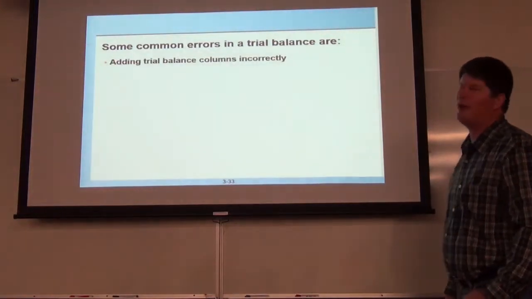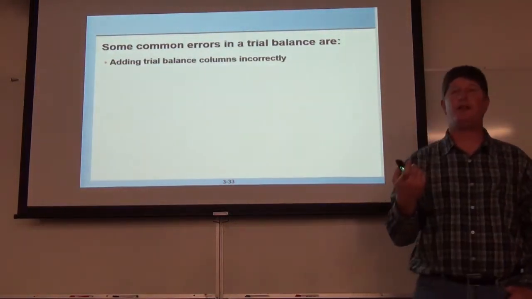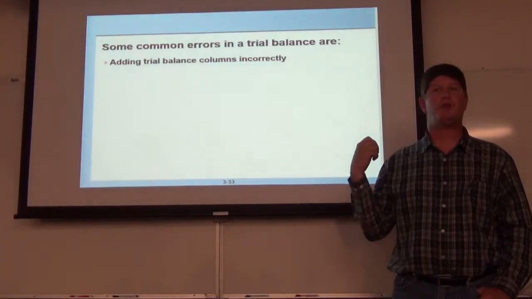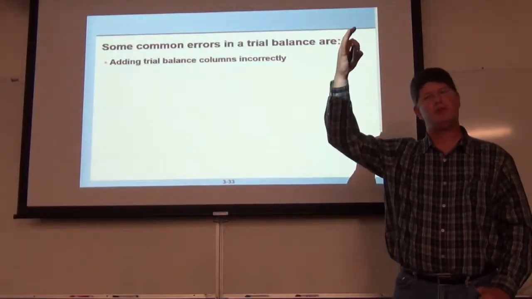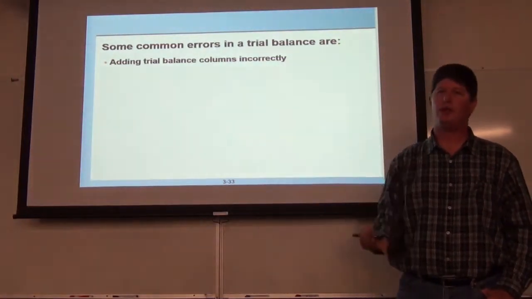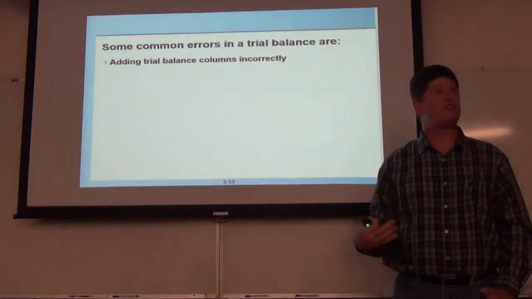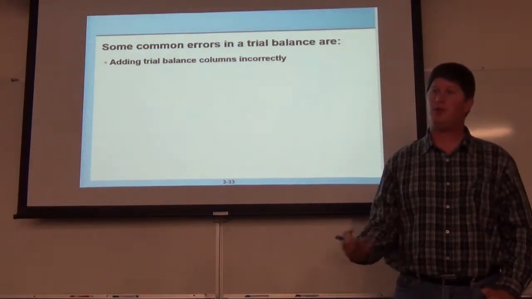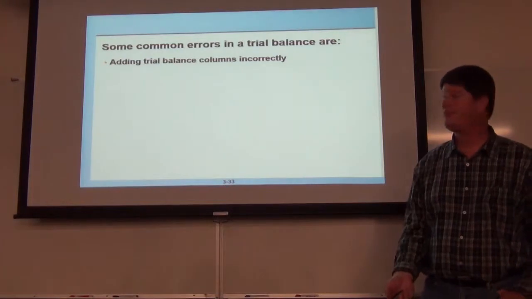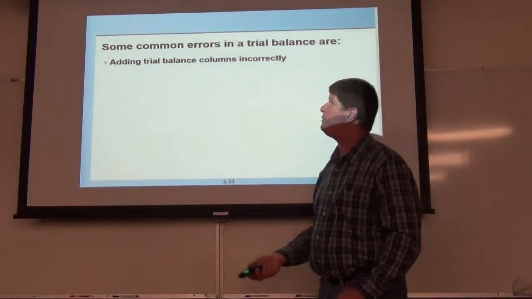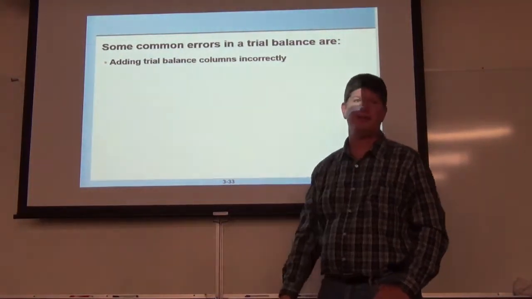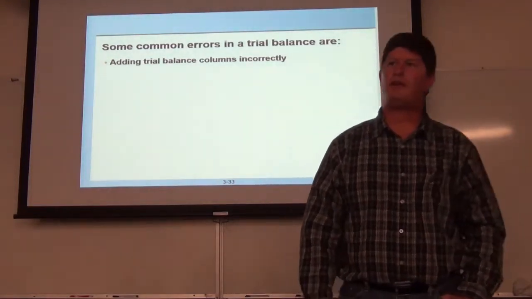Okay, here you go. We've all learned what a trial balance is, correct? That's what we just did on the board. List all of your accounts, put the balance in the debit and credit column, total it up. If it doesn't equal when you total them, you're out of balance, and you've got to find it. Some common mistakes are you just totaled those two columns incorrectly.